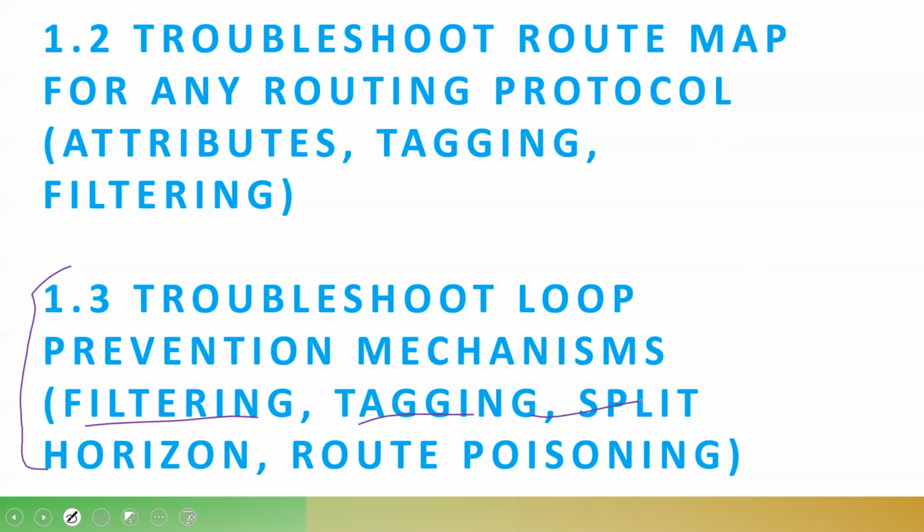For example, in the previous section, you have seen that with the help of filtering, we have used something called distribute list, and then we have protected from the loop.